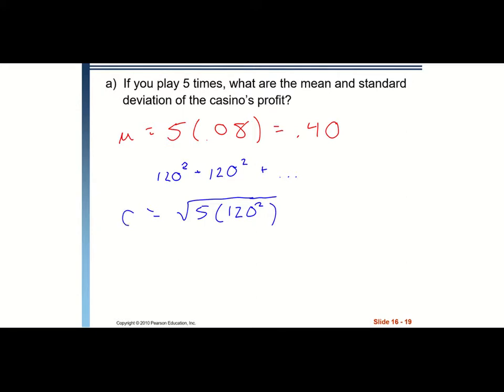To find the standard deviation, the symbol here is sigma, by the way, we square root the variance. So the variance is what's on the inside here, 5 times 120 squared. 5 times 120 squared is going to give us 72,000. That's the variance. Square root of that gives us a standard deviation of $268.33.